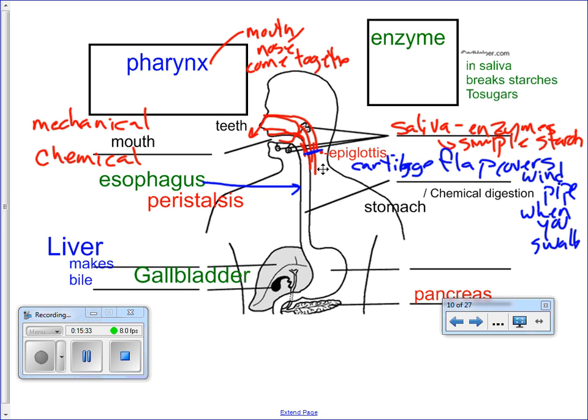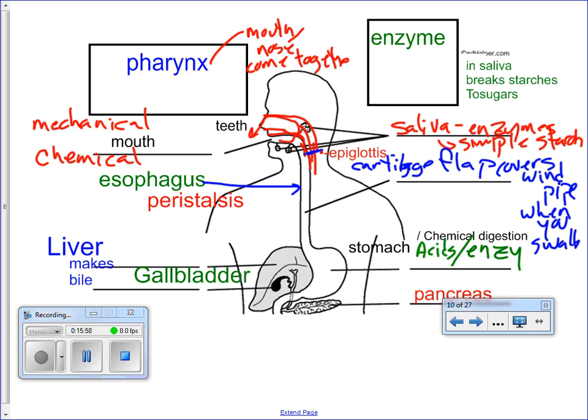Okay, then we have the stomach. The stomach is a muscular sac. I think you all know what the stomach looks like. Chemical digestion is going on here, and a little bit of mechanical digestion as it mixes. The chemical digestion is because there are acids, but there are also enzymes.